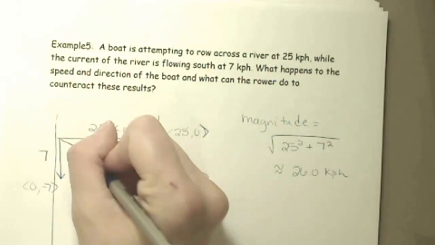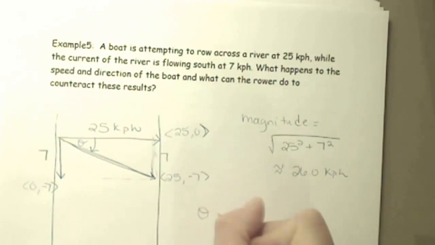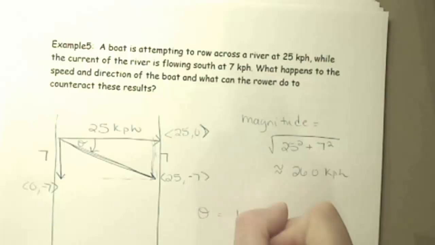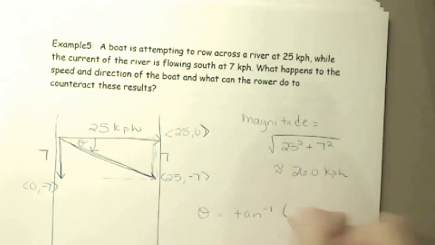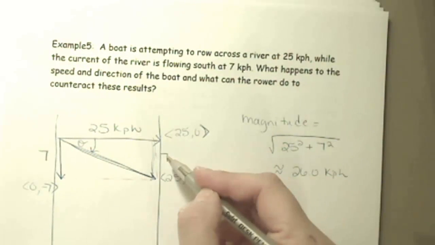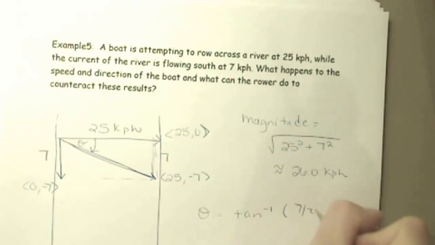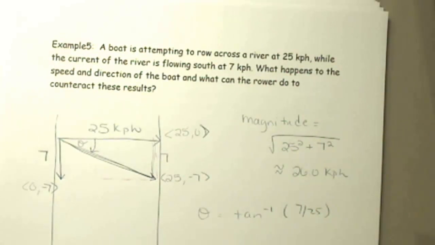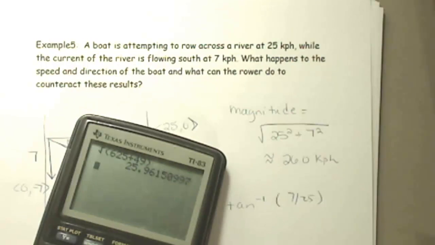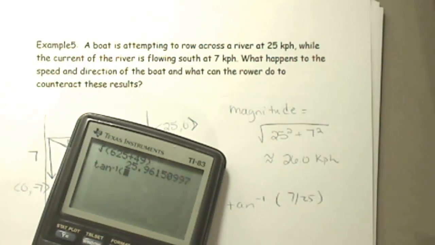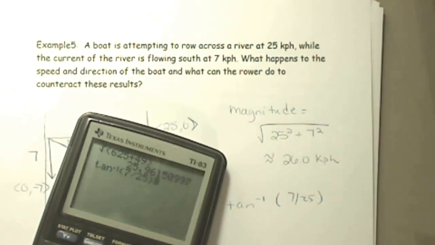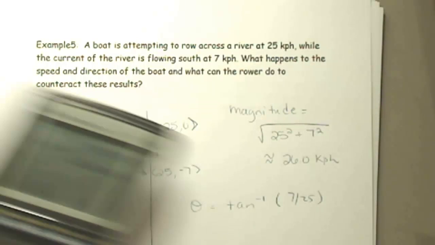So to get the reference angle, it's going to be tangent inverse of opposite over adjacent. Let's calculate that. Second tangent of 7 divided by 25. I get 15.6 degrees.